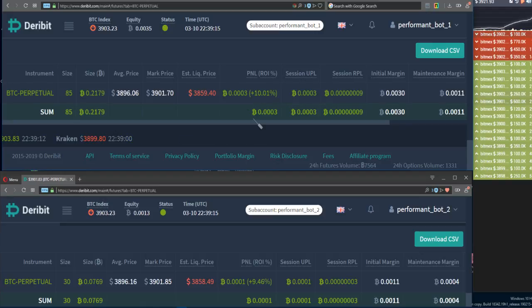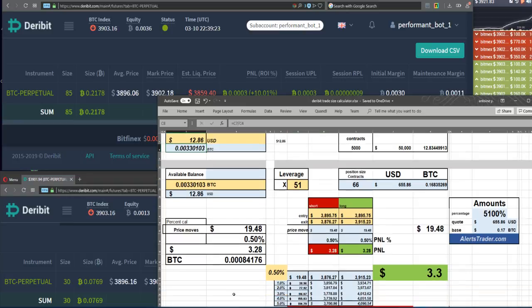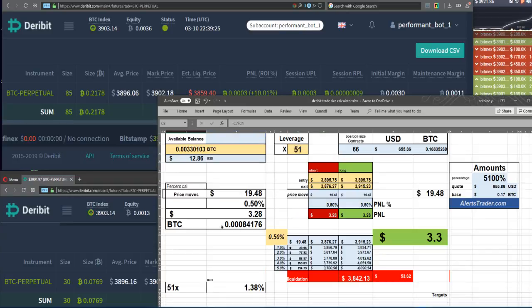Futures are 3. What was our calculator telling us to do? We'll get out at 0.00. Oh shit, what the fuck is that? Half a percentage point. 0.0008. Okay? There it is right here.